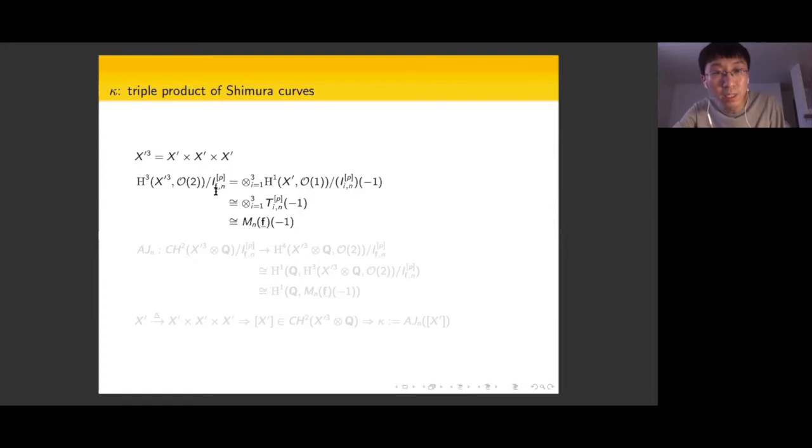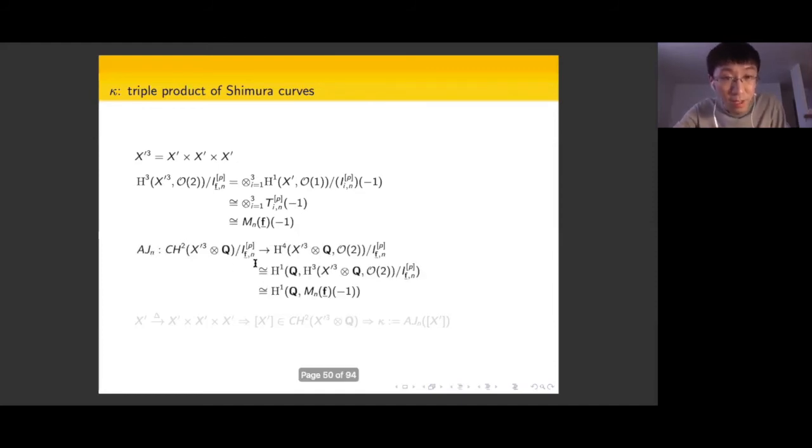This is because this ideal I is non-Eisenstein, and the terms H0 and H2 are Eisenstein Hecke modules. So when you localize at this ideal, the only term that survives is the H1 term. And since I twist by 2 here, I have to twist by -1 so that this matches the twist. Since this cohomology realizes the level raised Galois representation, the middle degree cohomology of the threefold gives you the triple tensor product of the Galois representations.